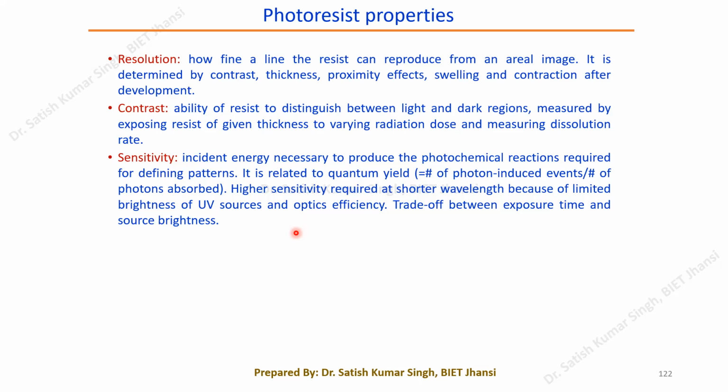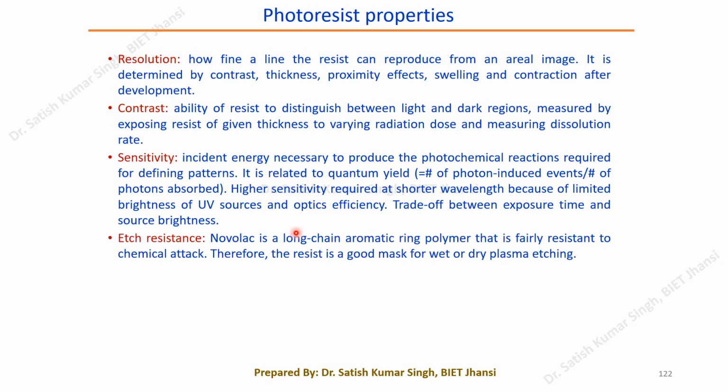You have to invest more time in the optical lithography because the sensitivity is low, so we have to expose the wafer for a longer duration, so that the required amount of energy is transferred into your photoresist and the chemical changes may occur.